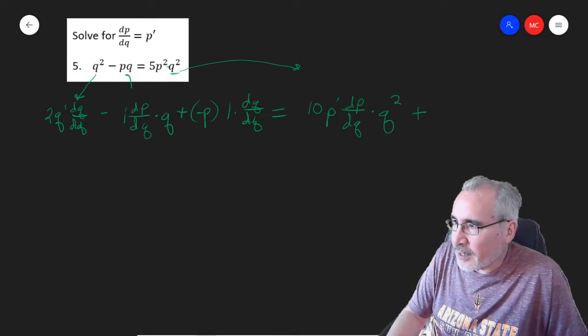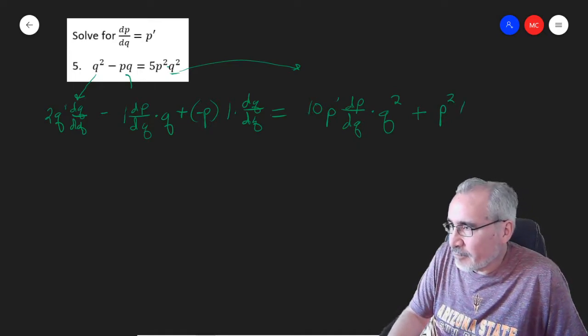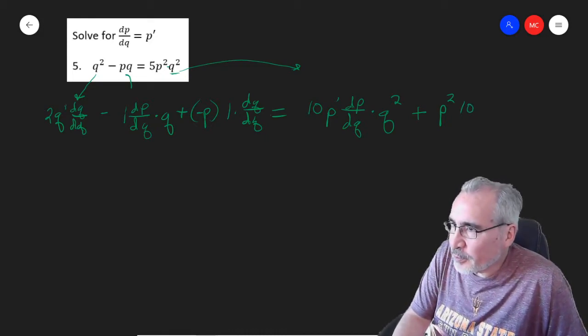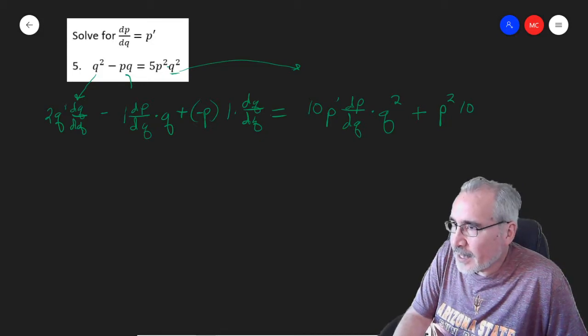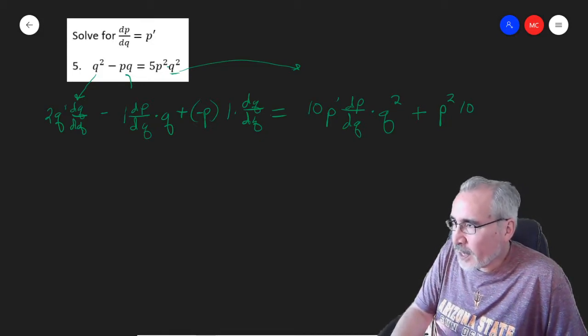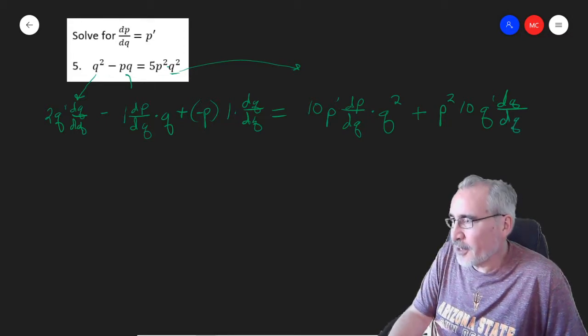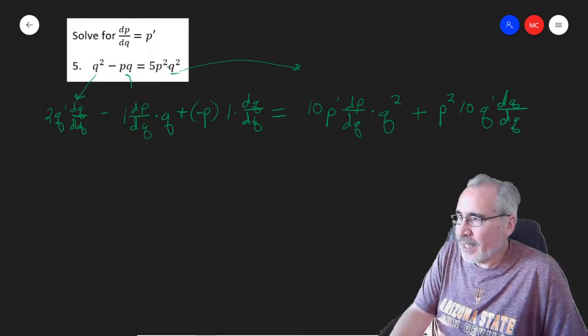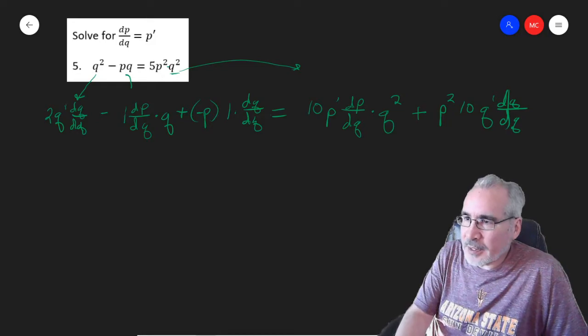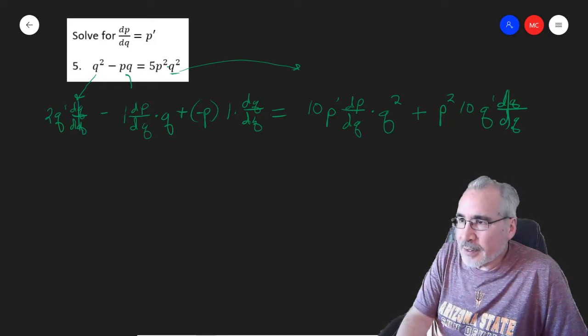So I'm just going to say, okay, p squared I don't do anything with, I just write it down, and then I have 2 times 5 is 10. I also could have just left the 5 there and done it later. Multiple ways to do this. 2 times 5 is 10, and then 2 minus 1 is 1, so that's q to the 1 power. And what did I do? I took the derivative of q with respect to q.